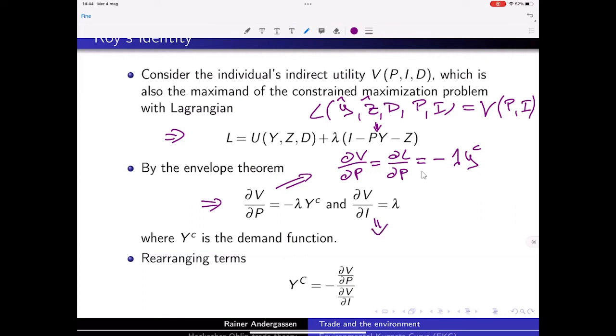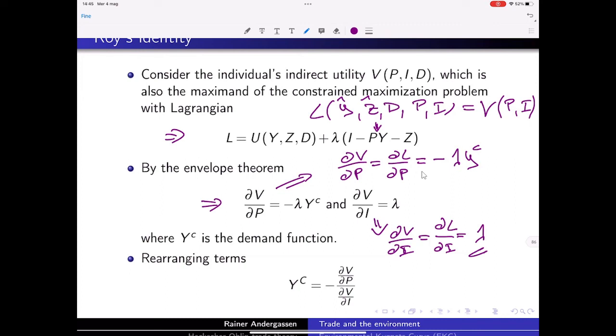The last is the derivative of V with respect to I, but this is just the derivative of L with respect to I. And this is the lambda. This is perhaps something you have seen in micro or in mathematics. This lambda is the shadow value of income.